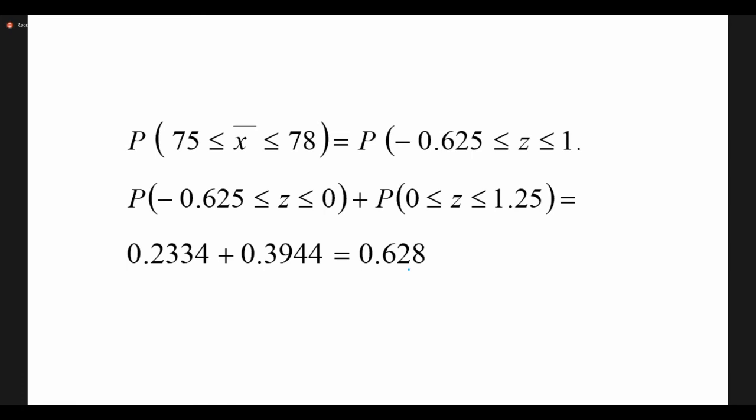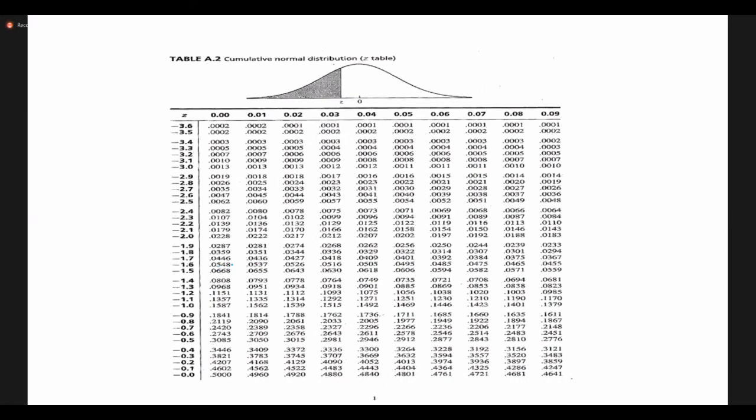All of you see that one. Now I'll show the table. First we have to find the probability of 1.25. Z is positive, so we use the positive values table.